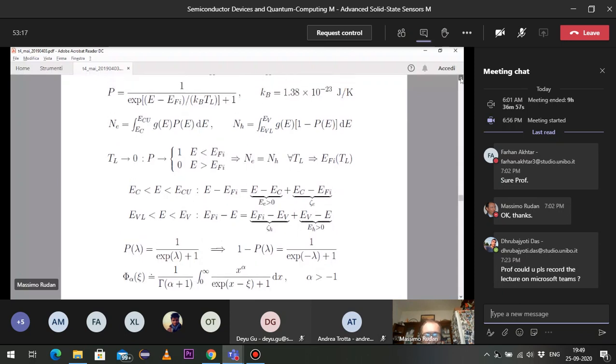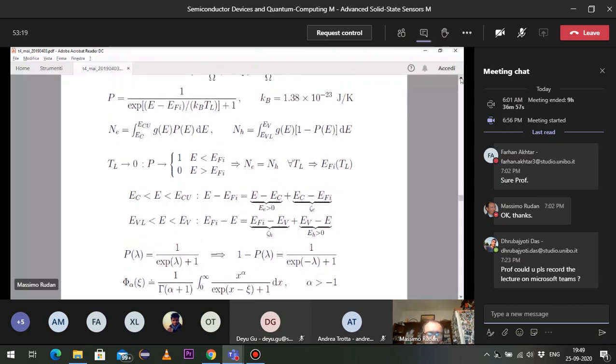Given that, we consider any temperature, and we simply must calculate these integrals, okay? It is convenient to change the variable, okay? So when we want to calculate the integral over the conduction band, we observe that in the Fermi statistics, we have the difference E minus E sub f, okay?